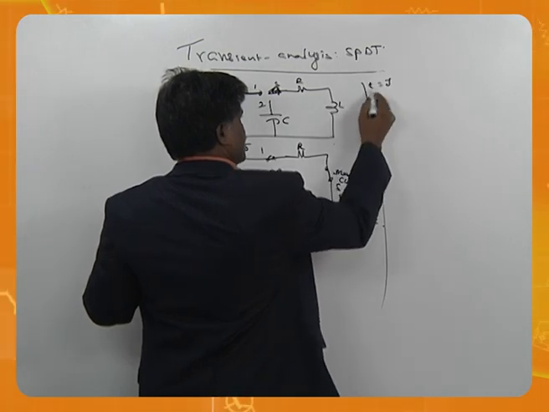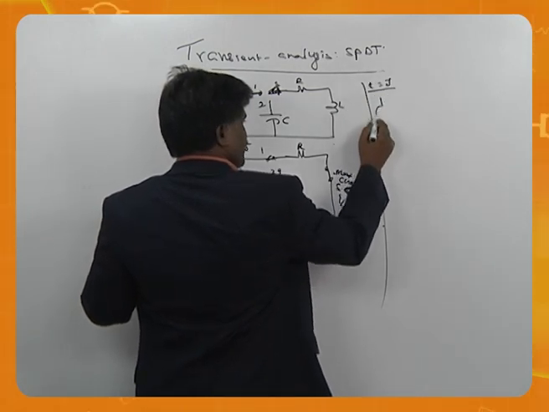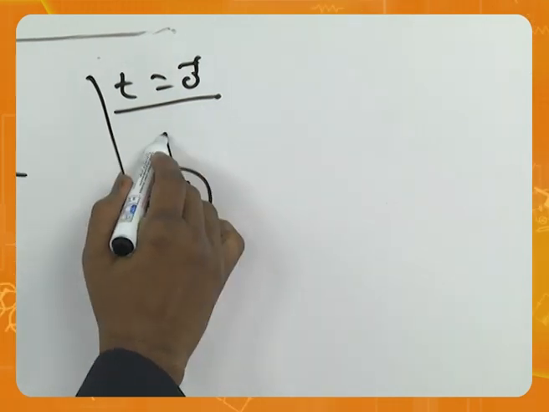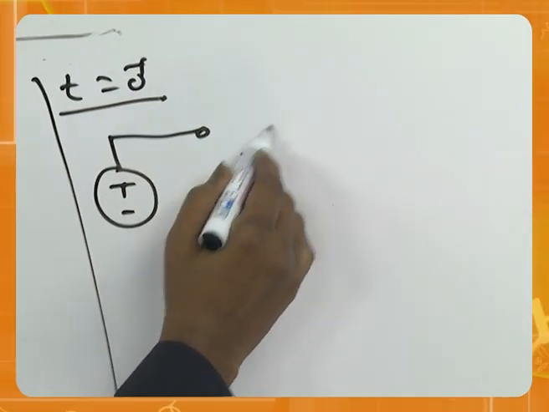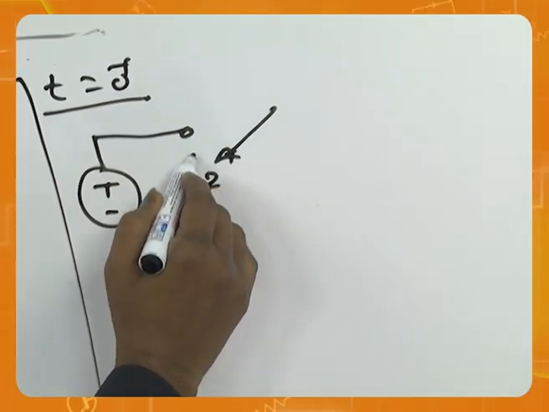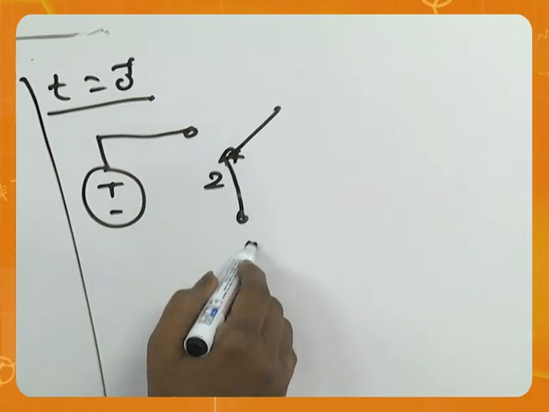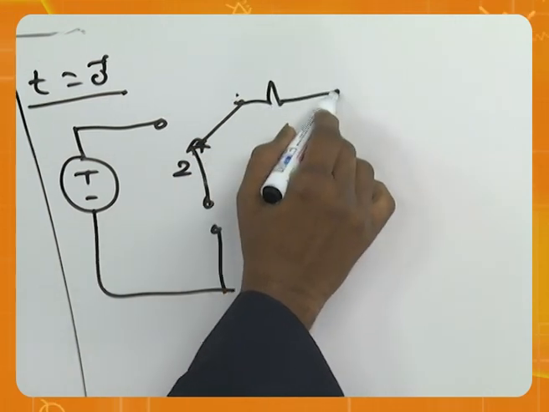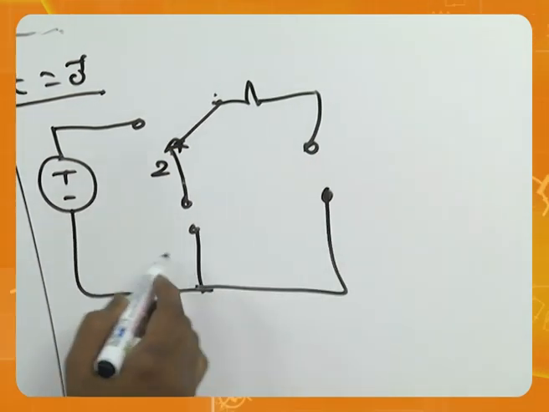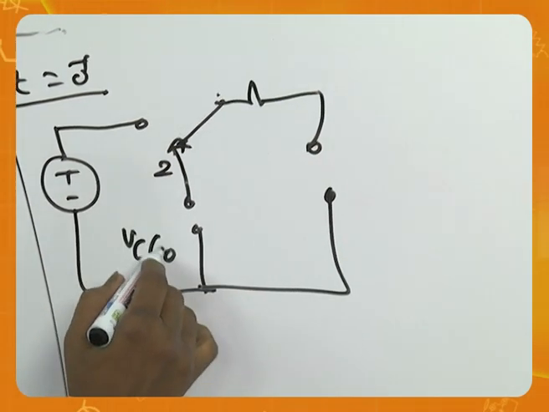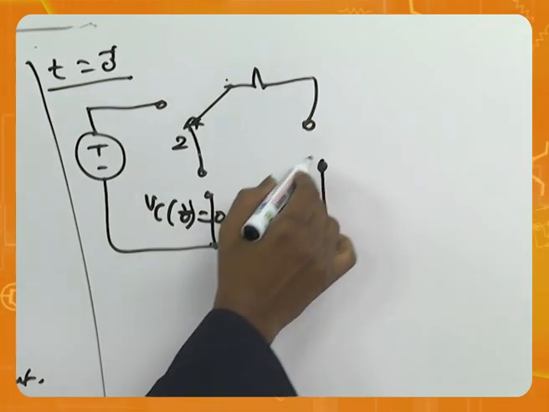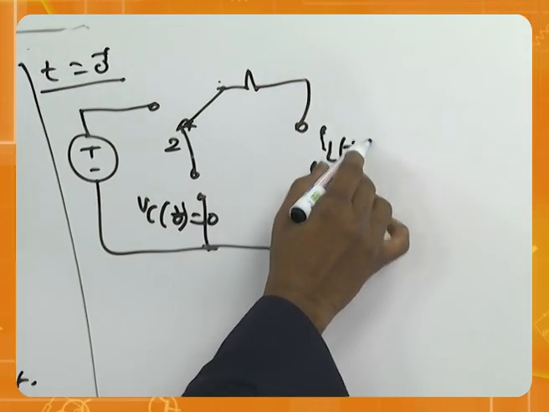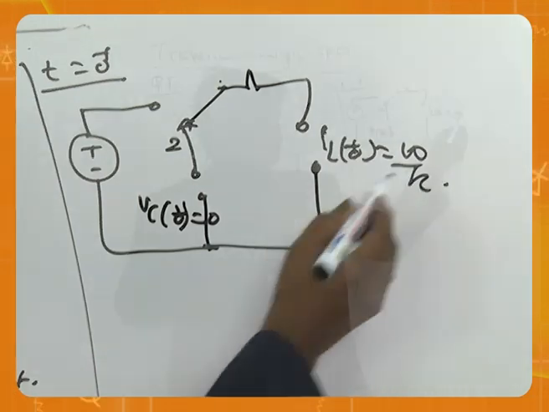t equals 0 plus. Switch is here as well. Now switch is moved to 2. The status of inductor and capacitor does not change. Capacitor, inductor, they don't change.